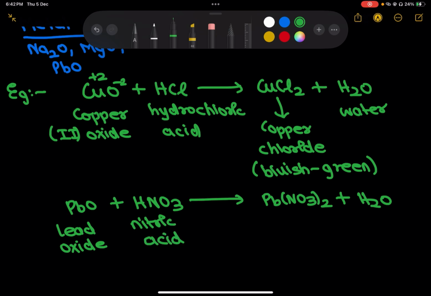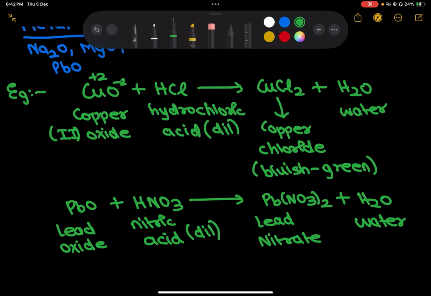Pb(NO3)2 is a salt which is lead nitrate, and H2O is water. I must tell you that all of these acids are diluted, they are not concentrated. So diluted acids are used. So PbO plus HNO3 gives Pb(NO3)2 plus H2O. This is balanced. Okay, so these are two examples of metallic oxide reacting with acids.